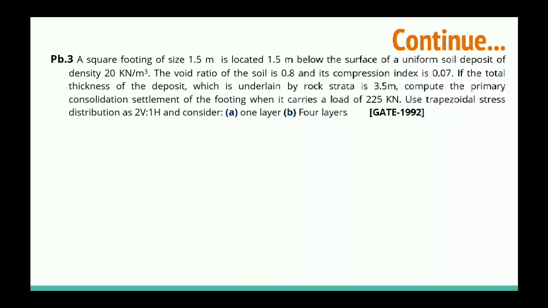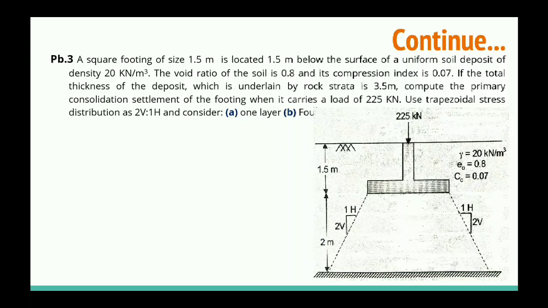Use trapezoidal stress distribution as 2 vertical to 1 horizontal, and consider the first part as 1 layer and the second part as 4 layers. That means the soil deposit is divided into 1 layer in the first part and 4 layers in the second part. This question was asked in the GATE examination in 1992.